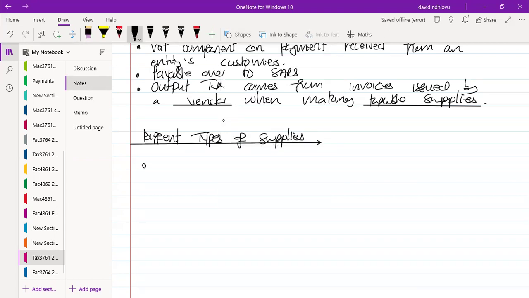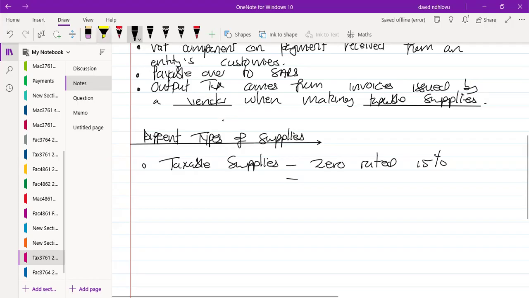Category number one is what we call taxable supplies, in which case, under the taxable supplies, we have standard rated, where VAT is at 15%, and then we have zero rated, where VAT is charged at 0%.